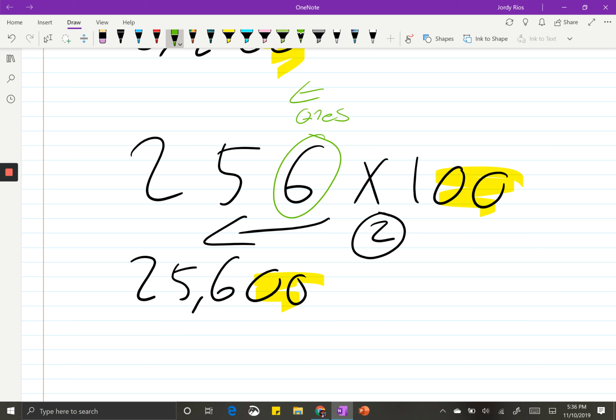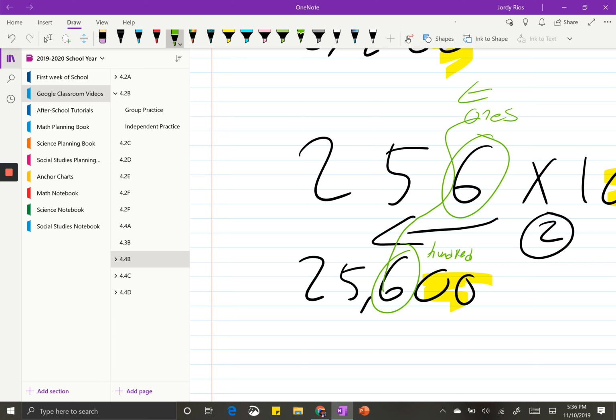When I move over, it is now in the hundreds place value. Everything got moved over. 256 goes to 25,600. So that's what the power of 10 and power of 100 looks like. So let's go ahead and do a few practice problems.